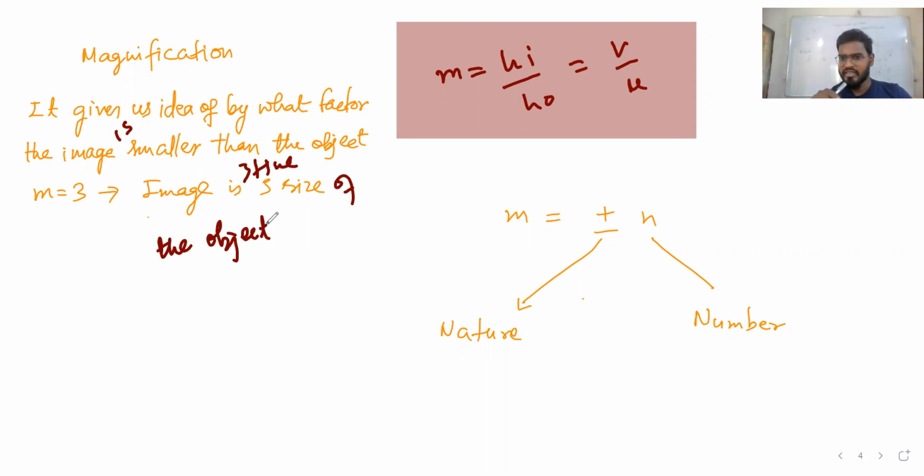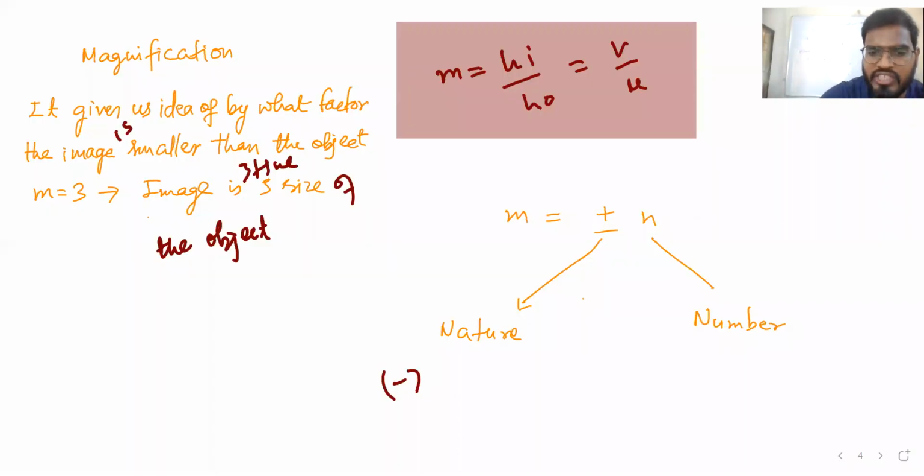Now, if the magnification comes as plus or minus and a number n, the plus or minus gives the nature, and the number gives the size. Suppose it is minus, which side will it form? Think, you'll get the answer.